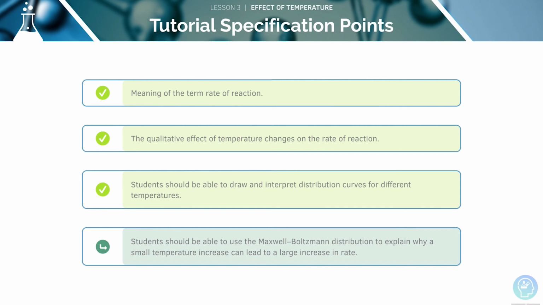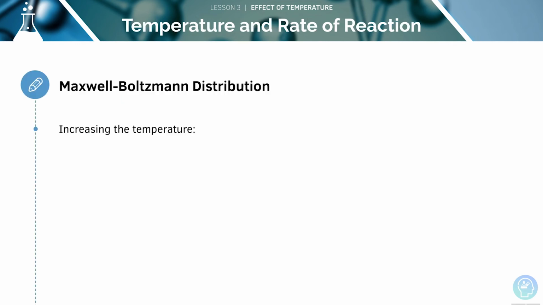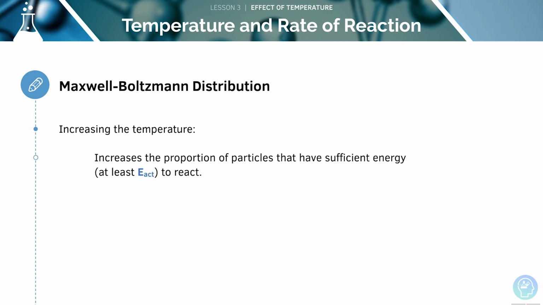Let's look at our final specification point, covering temperature changes and increase in rate of reaction. According to the Maxwell-Boltzmann distribution, increasing the temperature increases the proportion of particles that will have sufficient energy to react.